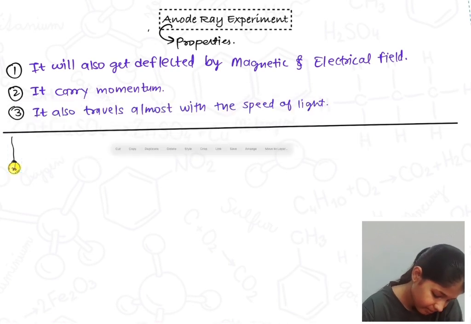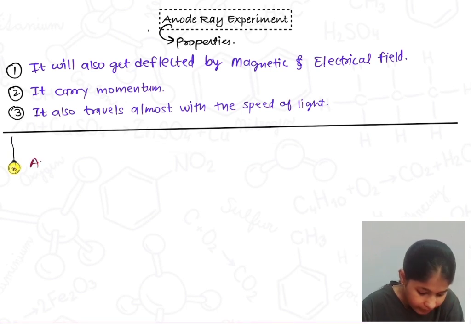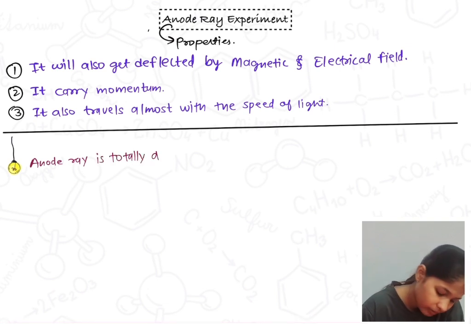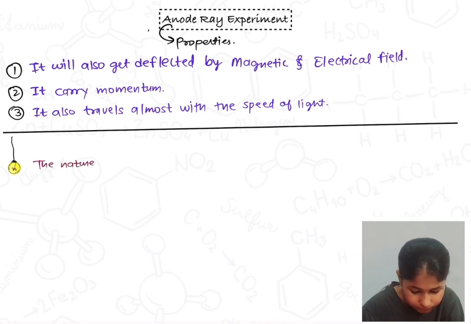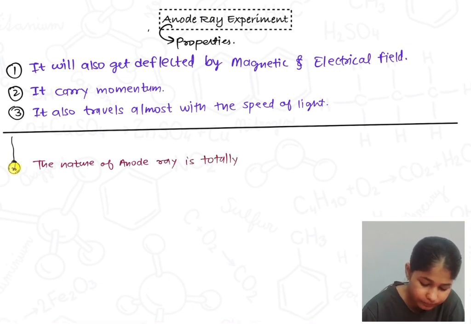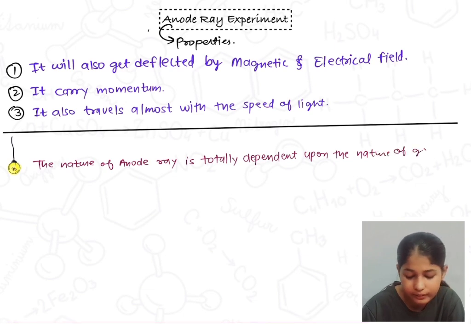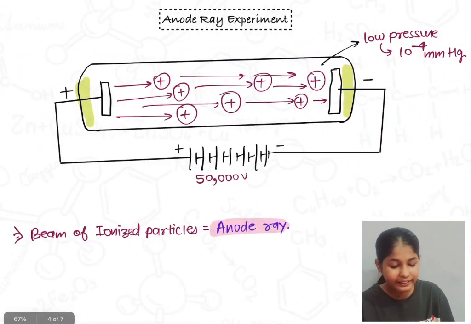Now the nature of anode ray is totally dependent upon the nature of gas. Which gas? Yes, which is present inside this hollow tube.